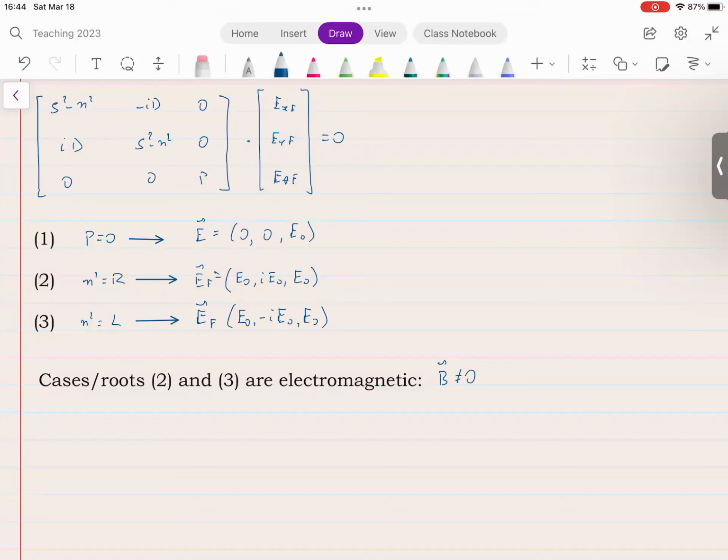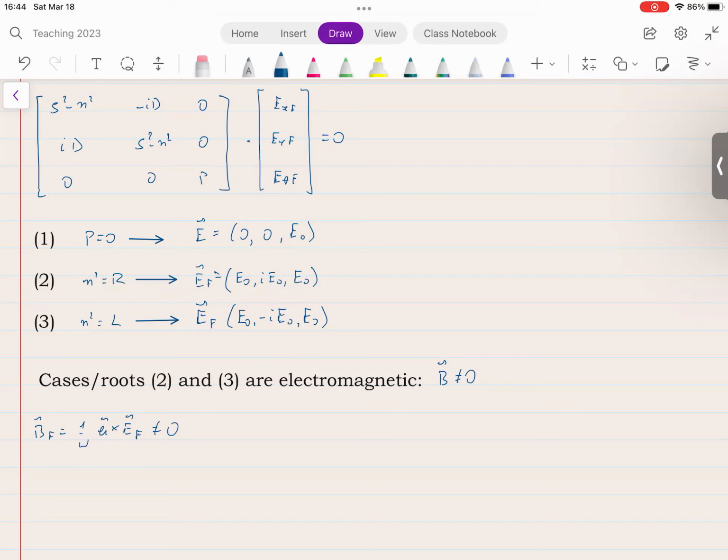So that's the perturbed B. And the way to see it is by observing that using Faraday's law, taking the curl of E, oops, sorry, I got an extra I. There is an I that comes from the time derivative of B. It gives me 1 over omega K cross E transformed.